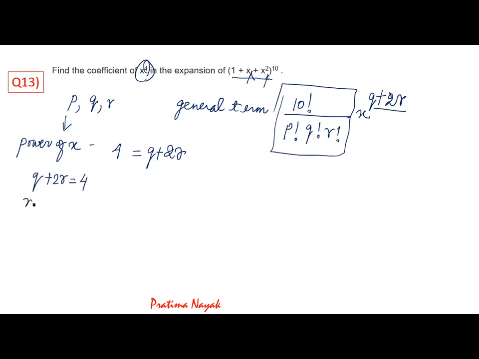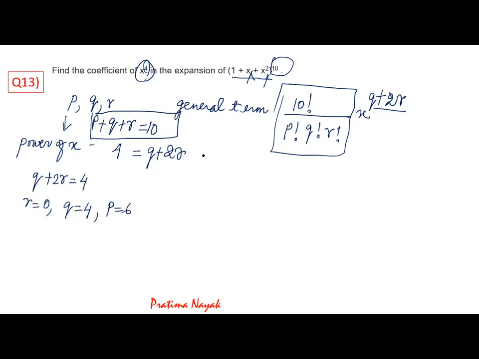First, I'm taking r is equal to 0. When r is equal to 0, q is equal to 4. And when q is equal to 4, p plus q plus r is equal to 10 here. Where from did I get 10? 10 is this one. So q is 4, then p is equal to 6. This is the first option.